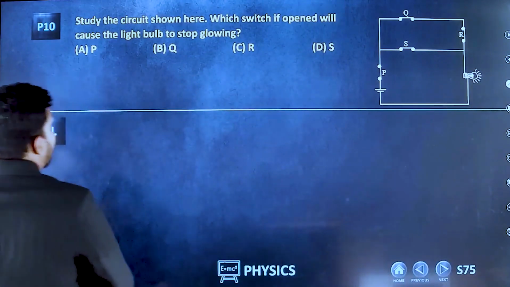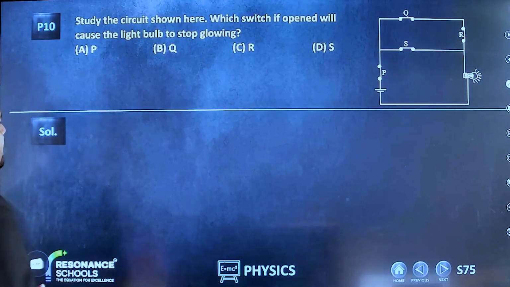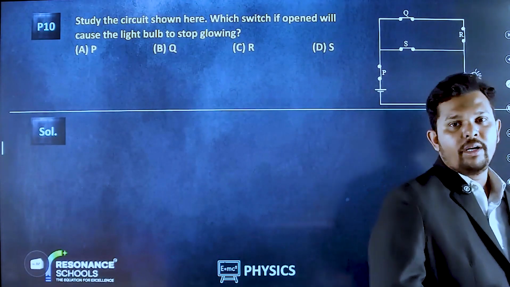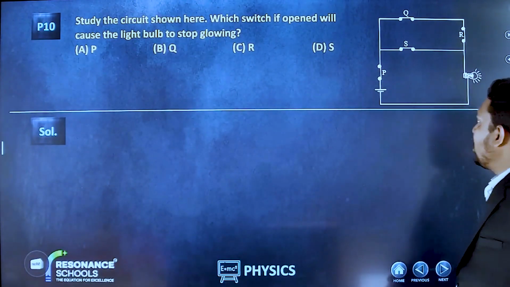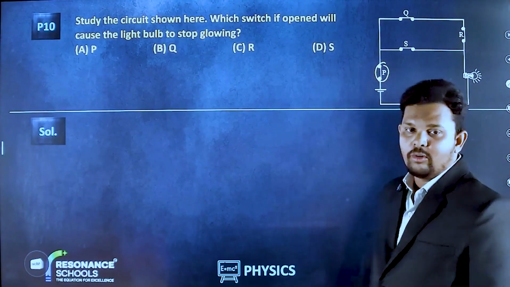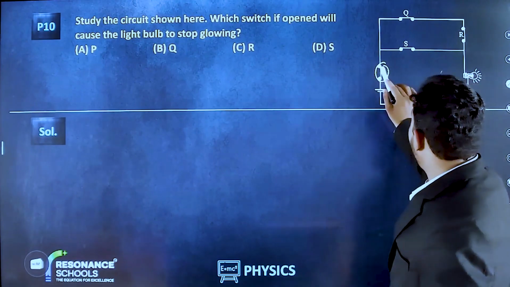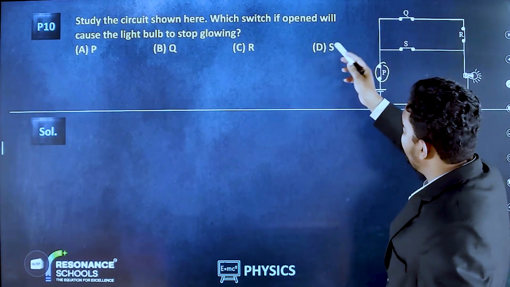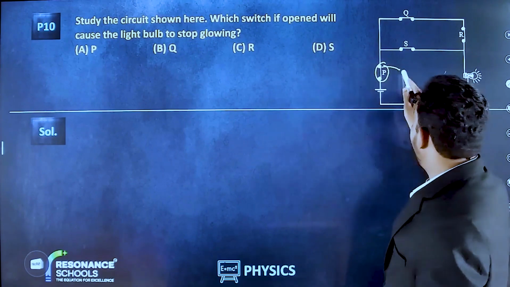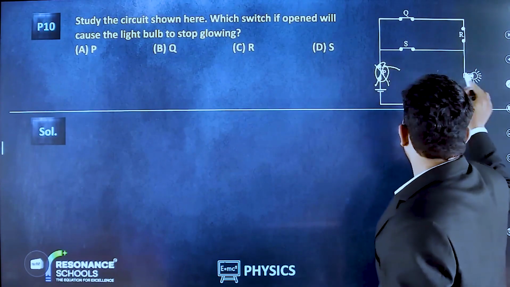Study the circuit shown here. Which switch, if opened, will cause the light bulb to stop glowing? If any of these switches is opened, what happens? It will stop glowing. Take this as your P here. Closed means in connection, open means no connection. So if P is open, no current will flow from here and the bulb does not glow.